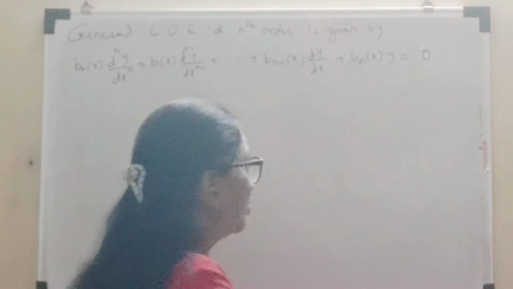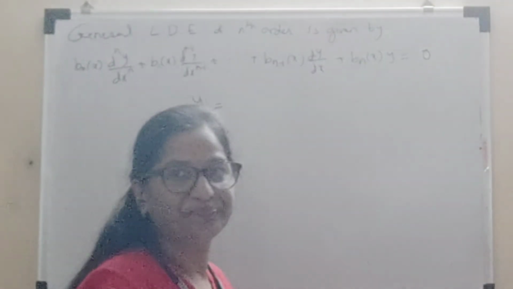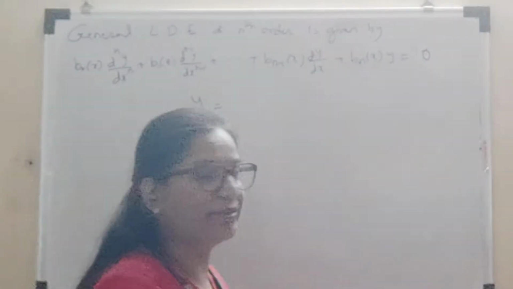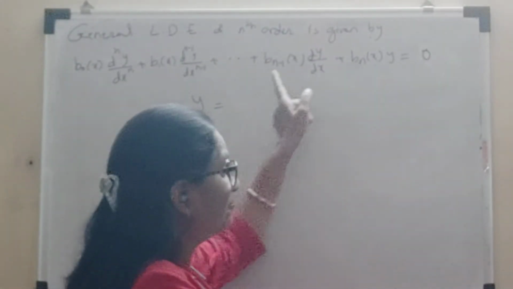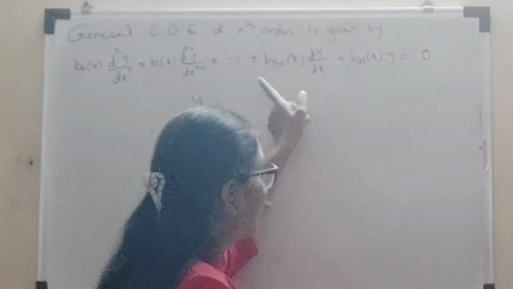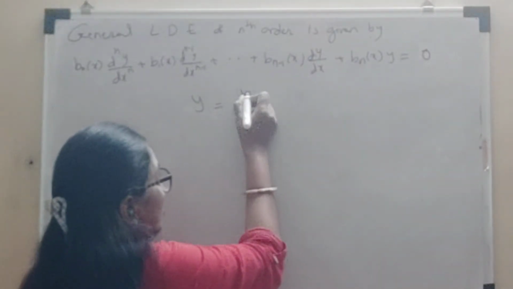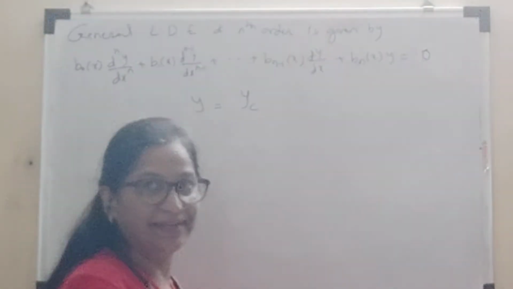Usually the general solution y is given by the solution corresponding to the LHS part plus the solution corresponding to the RHS part. The solution corresponding to the LHS part is also known as the complementary function and is denoted by YC.